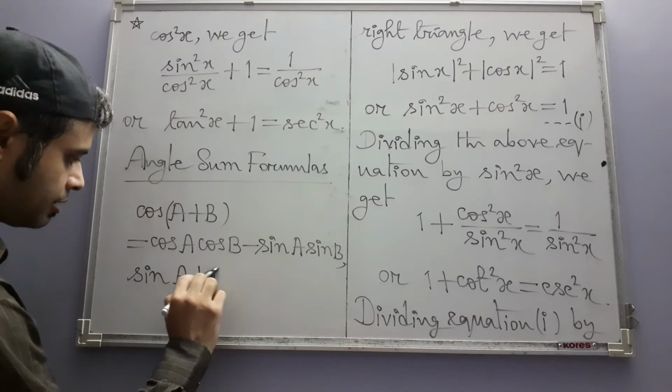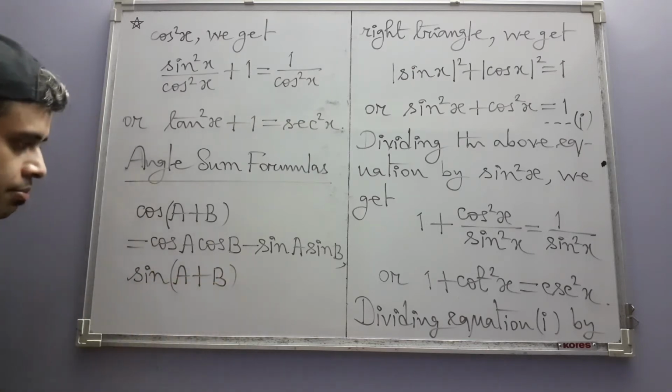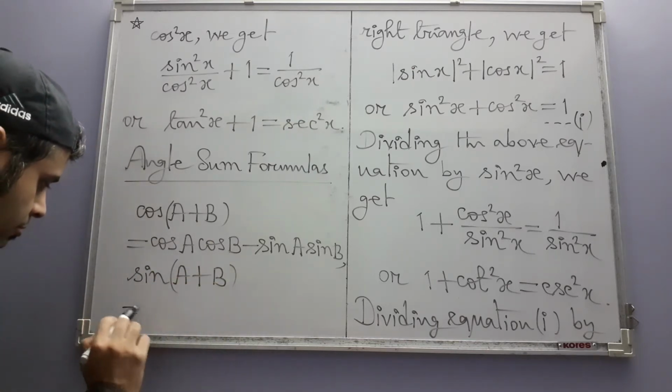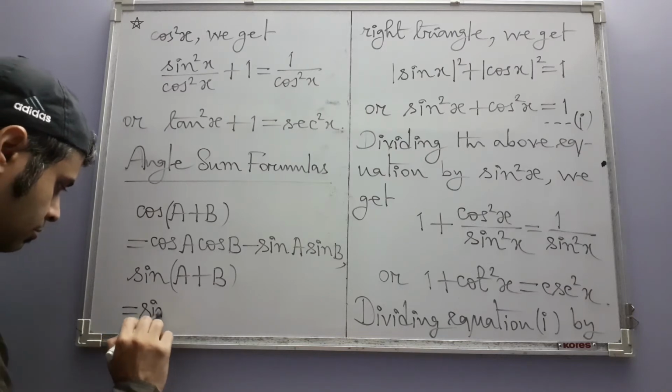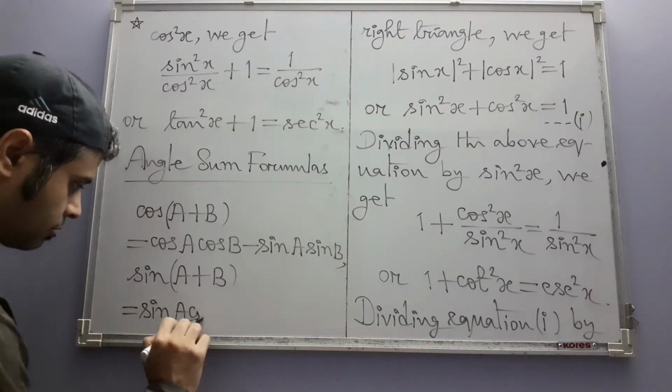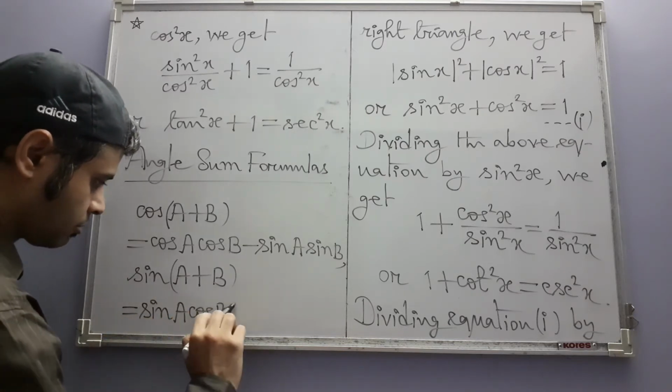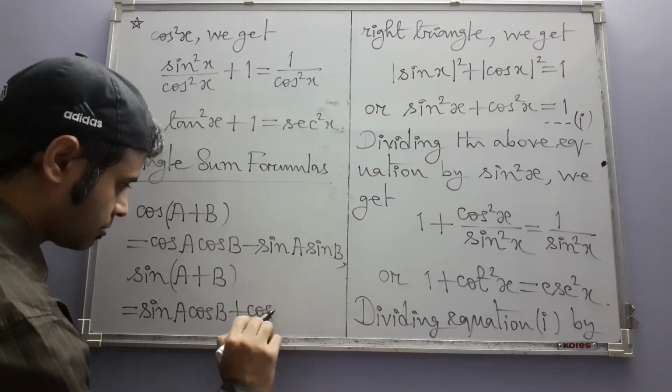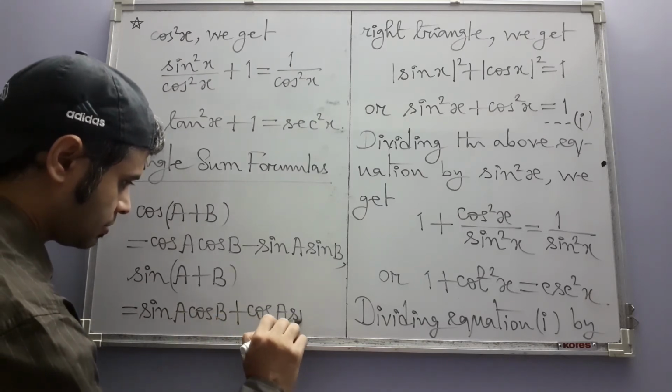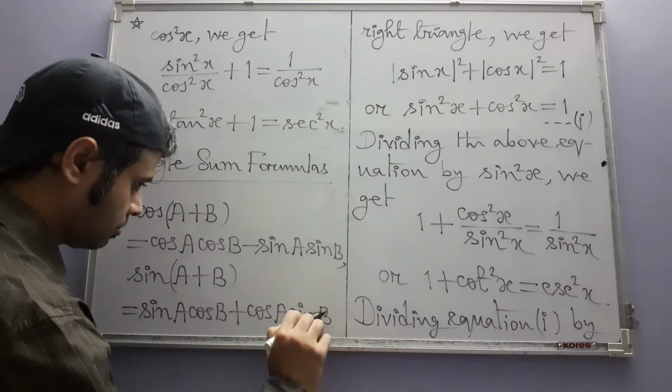Here also a and b are any two real numbers. Plus cos a sin b.